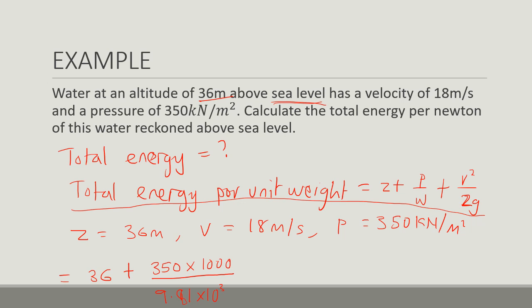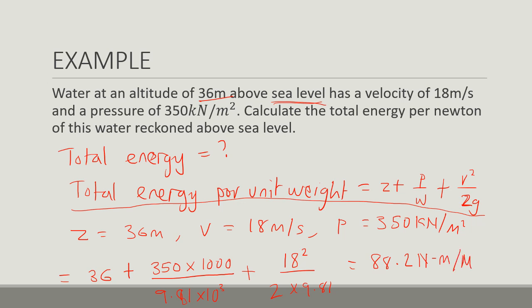And you wonder, how is it 9.81 times 10 raised to power 3? I would explain that later. And then plus V square, that is 18 square over 2G, 2 times 9.81. And putting this into my calculator, the answer is 88.2, and the unit is Newton meter per meter.